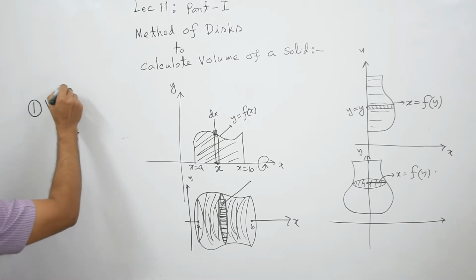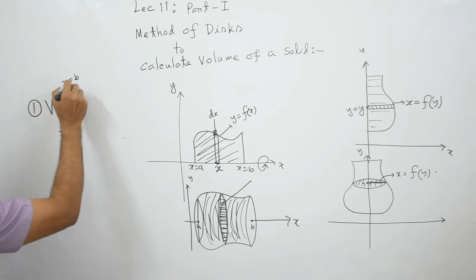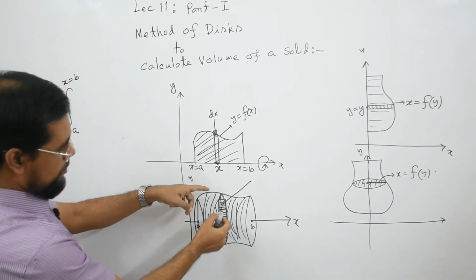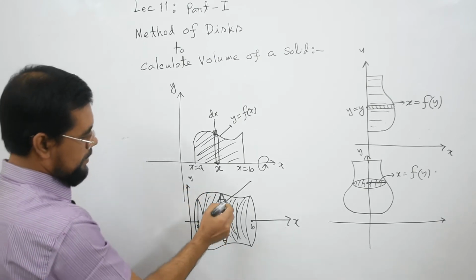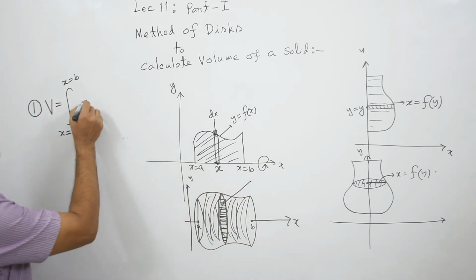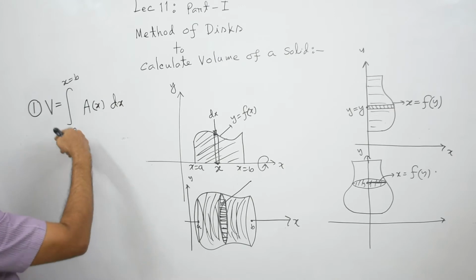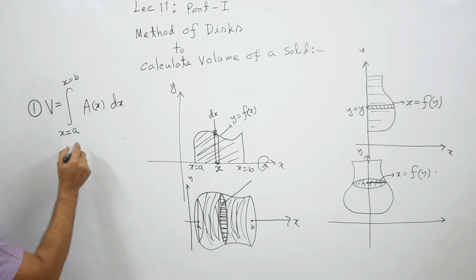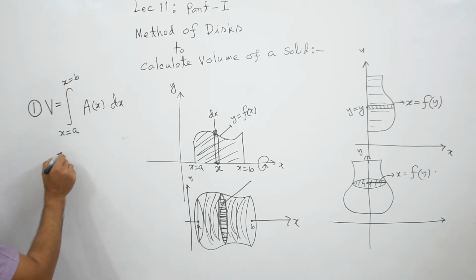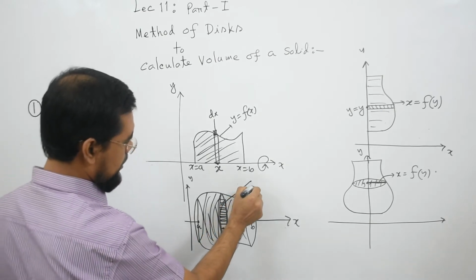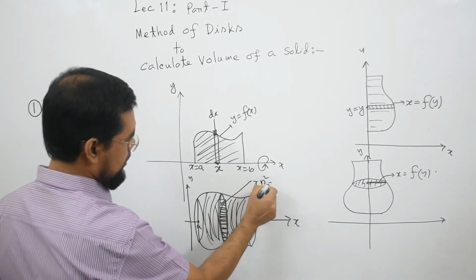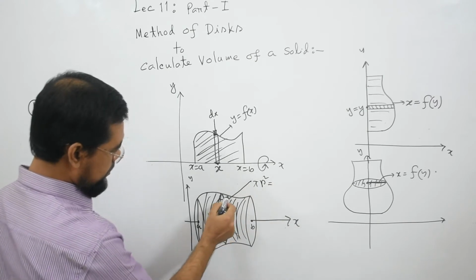where we will integrate the area of this cross section from one end to another end, and the area of this cross section will be pi r square. And here r means this distance.